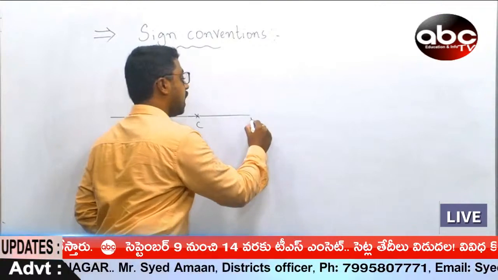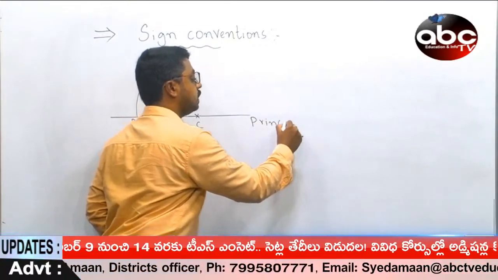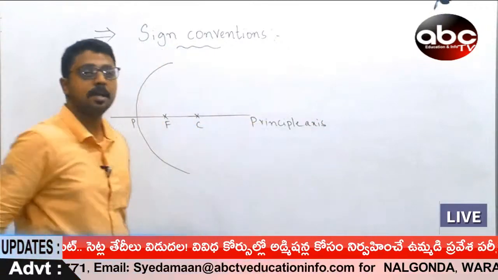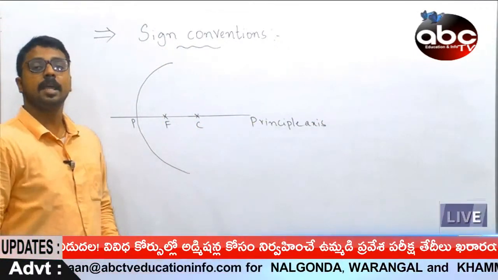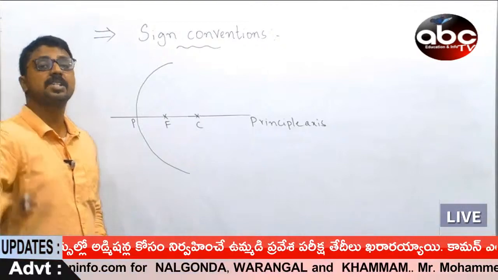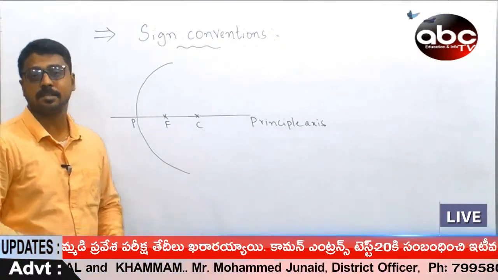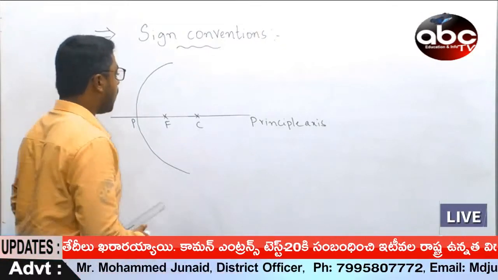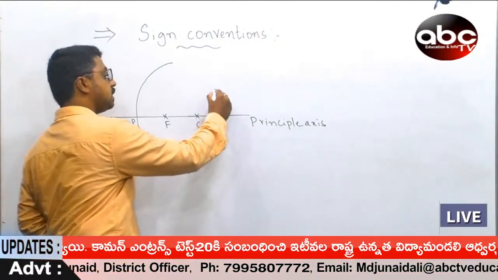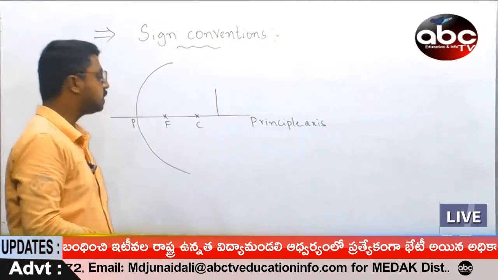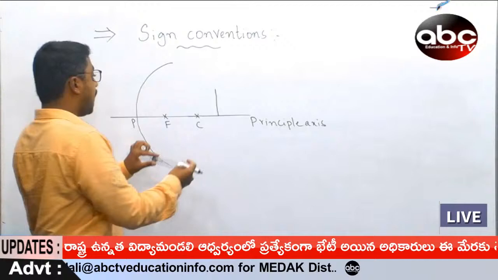Naturally, this line is the principal axis. My dear children, we are going to study about the direction, that means we are going to study about the distance. Let me place an object here.